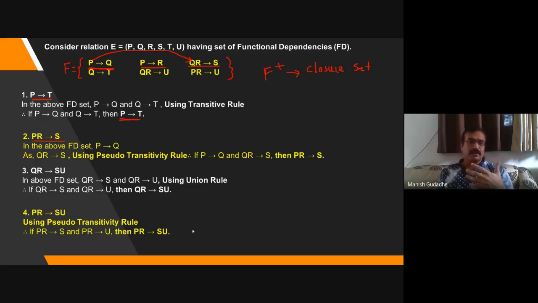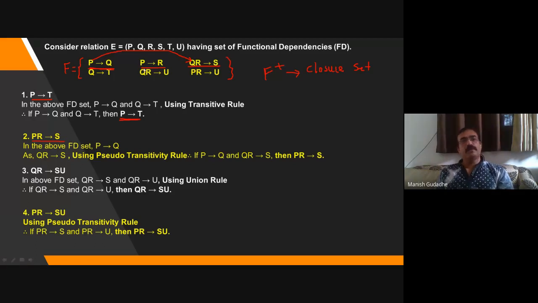It may be for 30-40 different FDs which will be part of F plus. Like with the same pseudo transitivity rule, I can have PR determines U: P determines Q, hence PR determines U is also possible.